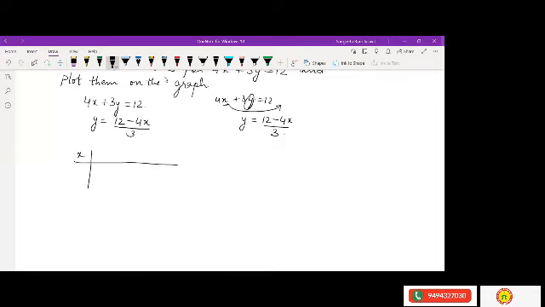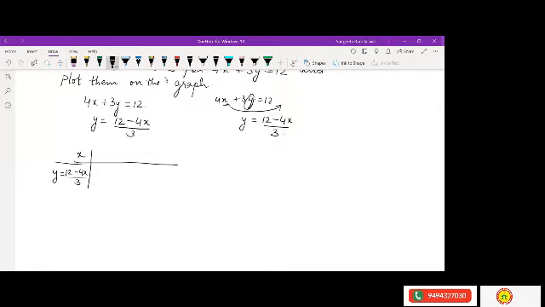I take some value for x, and for that value of x, I must get some value for y also. Let's keep some good values which are easy to plot.